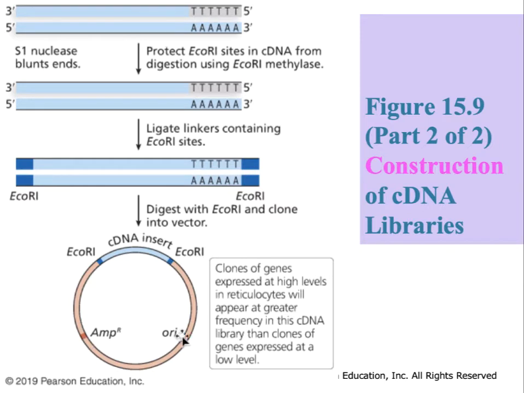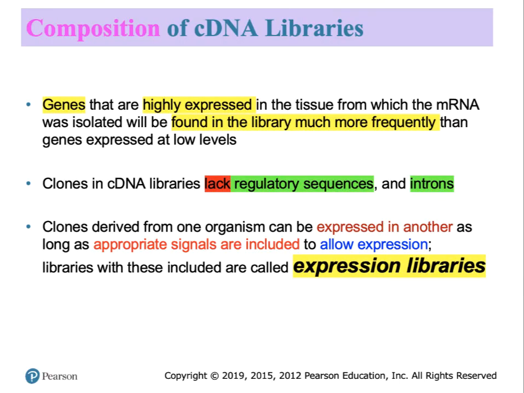So your vector is in orange, and your insert is in blue, and the dark blue represent just the complementary ends of your two fragments. And this plasmid happens to contain an ampicillin resistance gene, which allows it to be selected, and also an origin of replication. As we mentioned briefly earlier, the benefit of these libraries is that they're tissue specific.